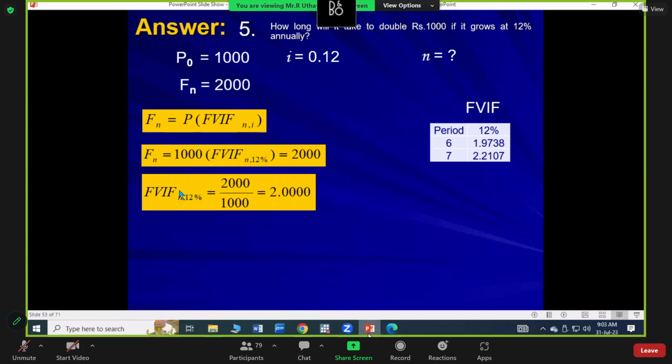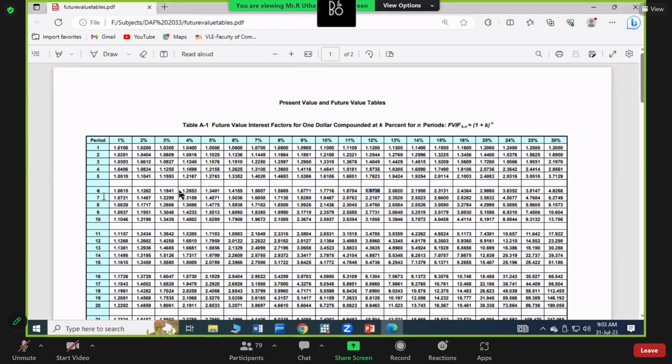Then in the next period, at year 7, you have 2.2107. So 2 will be prevailing between the 6th and 7th year, which gives double the money.